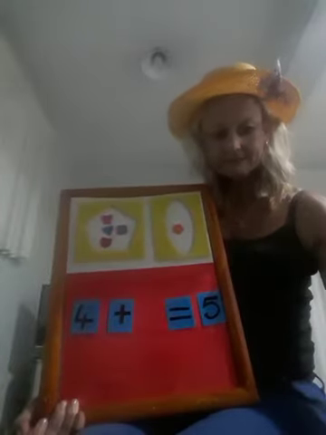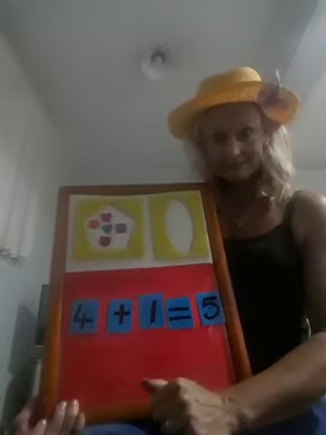So 4 plus 1, all together, I have got, count with me, 1, 2, 3, 4, 5 buttons. So my numbers will say, here it is, 4 plus 1 equals 5.